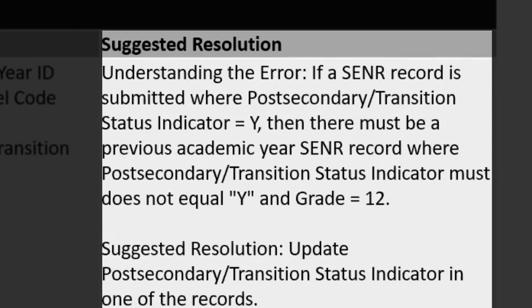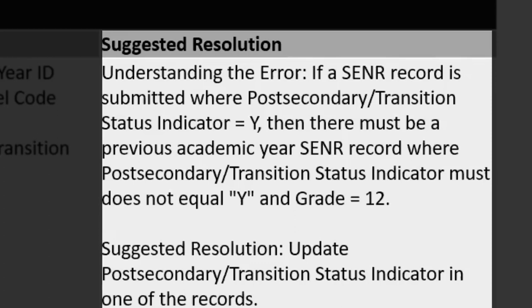So it says, if a SENR record is submitted where the post-secondary transition status indicator equals Y, then there must be a previous academic year SENR record where the post-secondary transition status indicator must not equal Y and be grade 12. The suggested resolution offered says to update the post-secondary transition status indicator in one of the records.